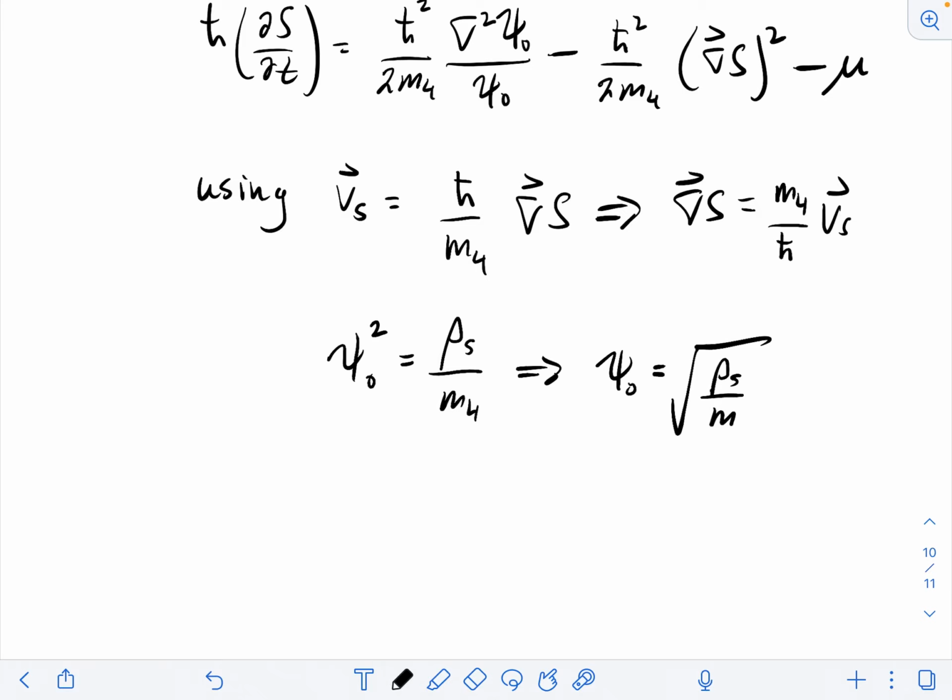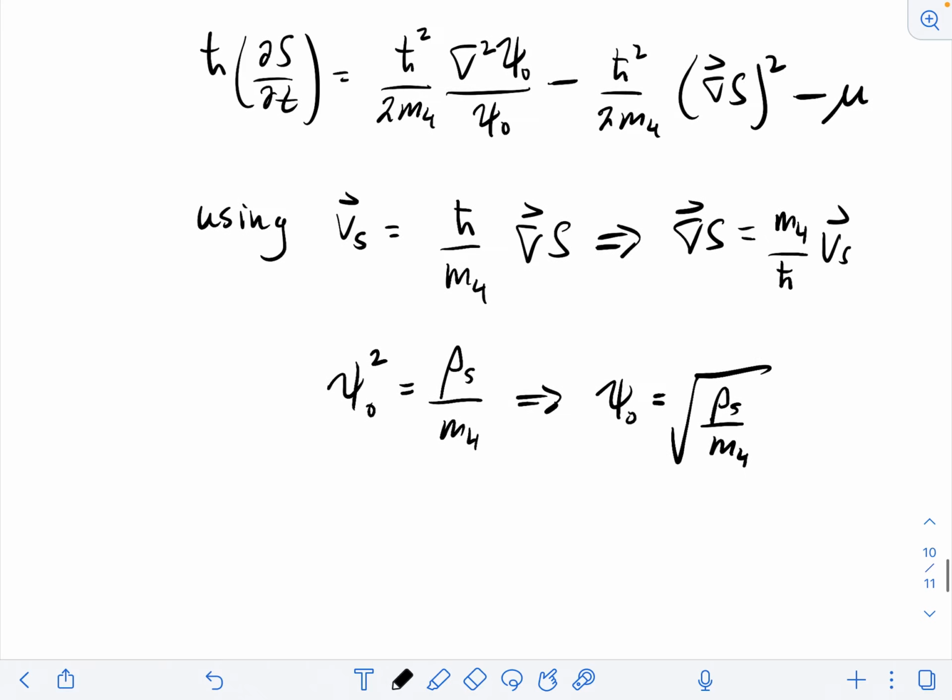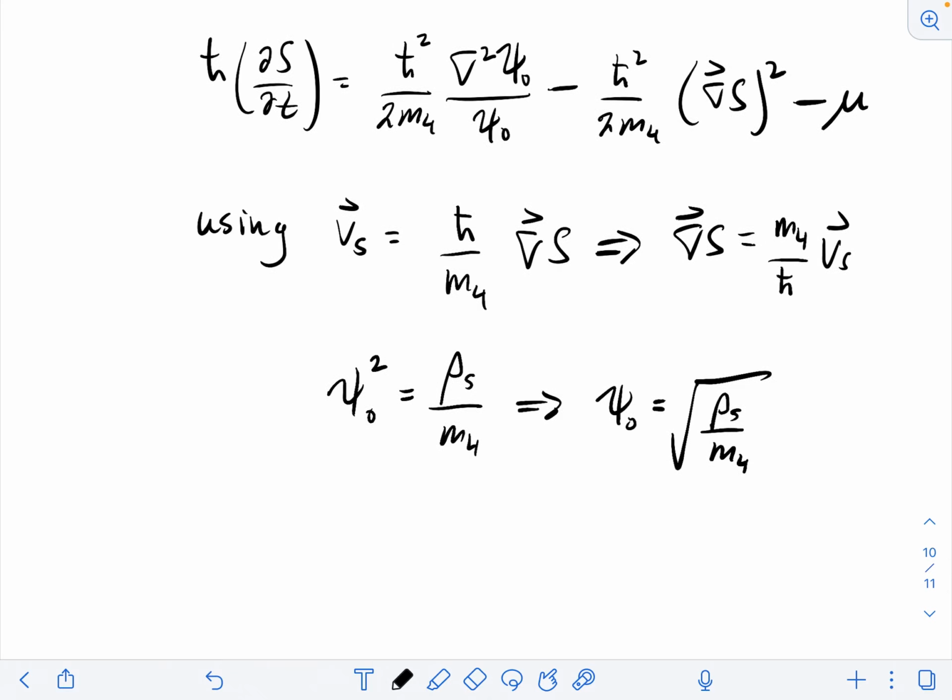Okay, so if we do some of that, on the left-hand side, nothing happens. We have ħ ∂S/∂t is equal to ħ²/2m₄ and then we have ∇²φ₀. So φ₀ is the square root of ρ over m₄, but then we're dividing by φ₀.